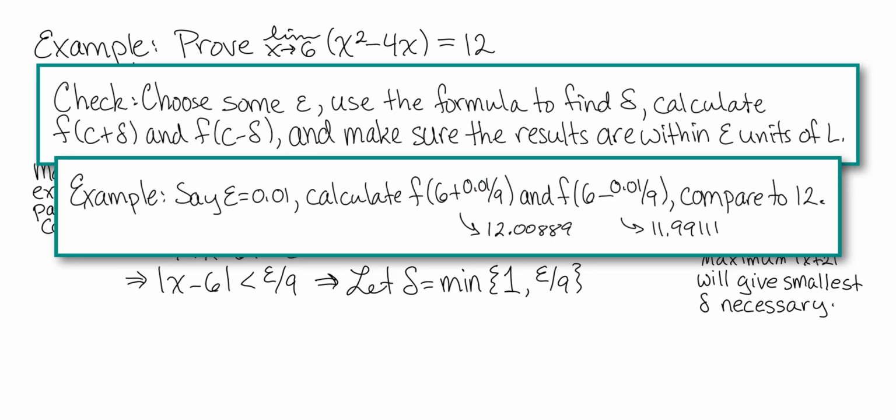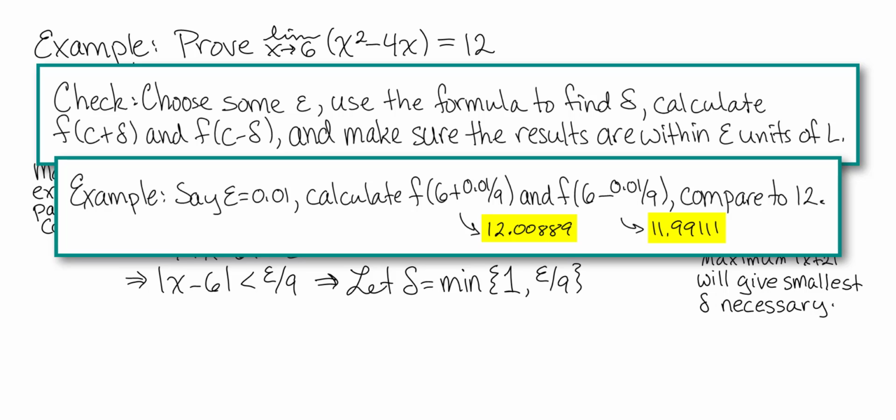12.00889 and so forth. And if we calculated f of 6 minus delta, 6 minus 0.01 over 9, we would get 11.99111 and more. Now, what do you notice about these two values? They're very close to 12. That's because the y value is approaching 12 as the x values approach 6.